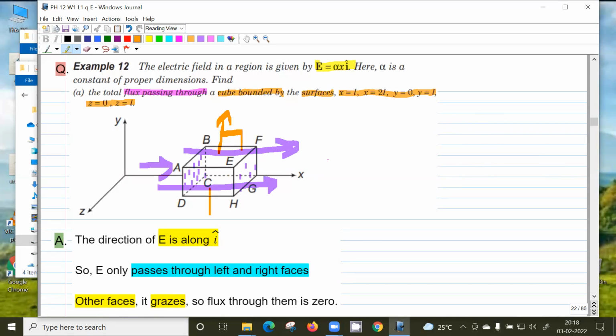Similarly, for the bottom, front, and back faces, the outward area vector is perpendicular to the electric field, so the angle is 90 degrees. You can understand this mathematically, but physics-wise, the lines are just touching those surfaces, not cutting them. The only places they cut are the left and the right faces.